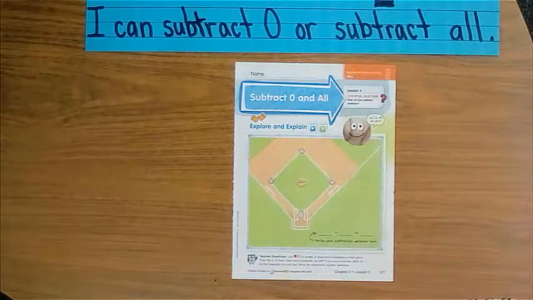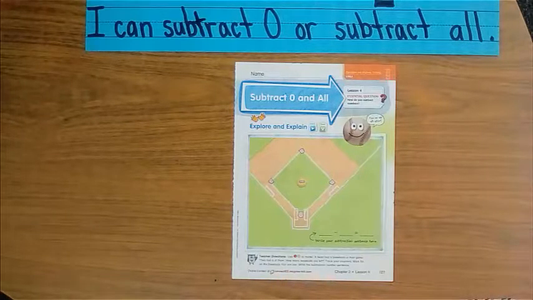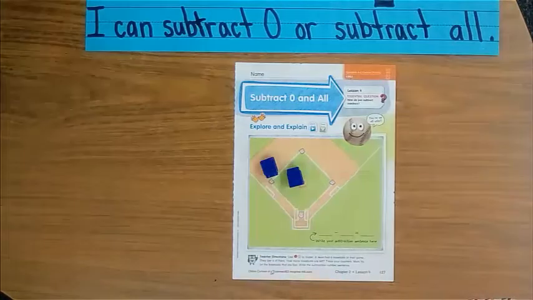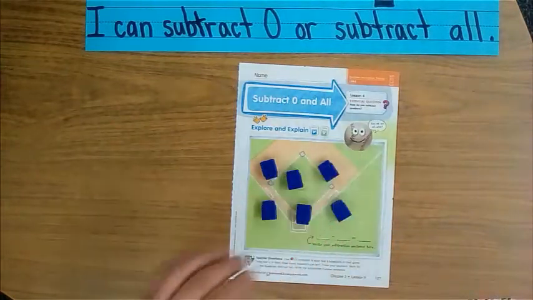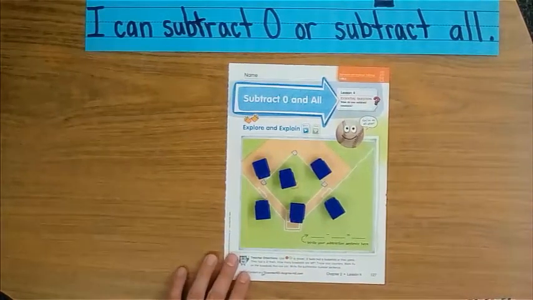Let's turn to page number 127, and we are going to do this first part together. It says, a team had 6 baseballs at their game. So let's put 6 blocks on our paper. Okay, so we have 6 blocks, and that's going to be the 6 baseballs.